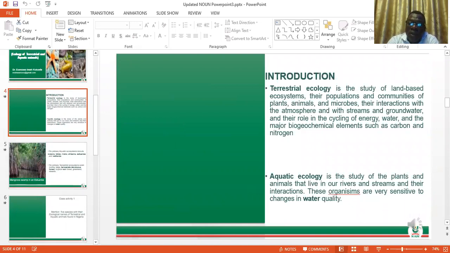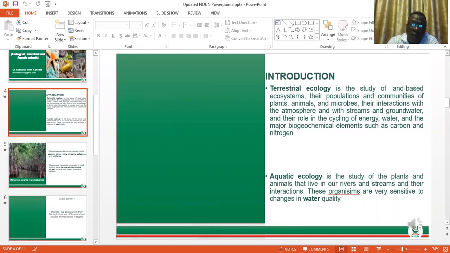Talk about what terrestrial ecology is. It has to do with the study of land-based ecosystems, the populations and communities of plants, animals, microbes, interactions, transfers with the streams and groundwater. What these organisms have to do, their role, the cycling of energy, water, other biogeochemical elements that are known.